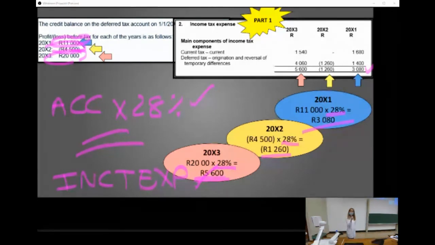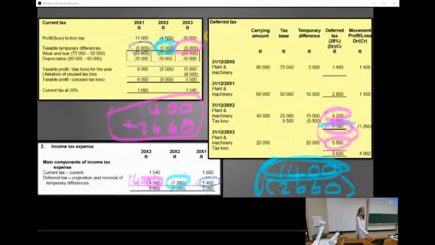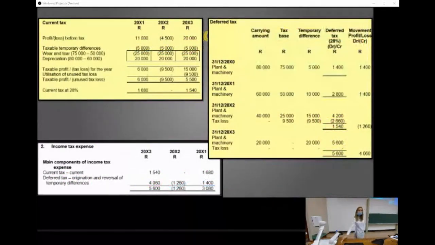Okay, and also another reason is the fact that we were able to, let's go back to here, the fact that we were able to recognize the full tax loss. The fact that we were able to do that also said we could show that full benefit, and recognize the full benefit.